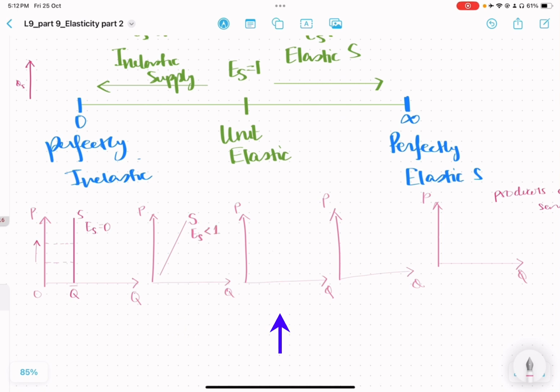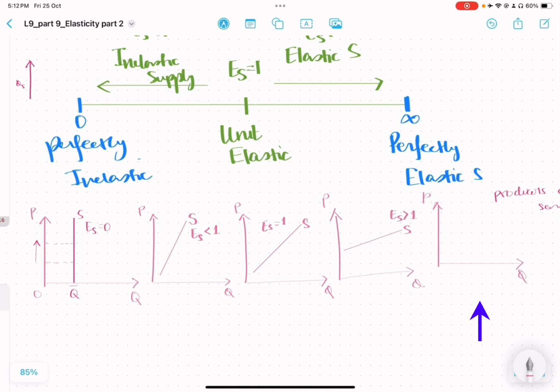With elasticity of supply equal to 1, we have our benchmark case, ES is 1, which means a 1% change in price leads to a 1% change in quantity supplied. And then when we have elastic supply, we have a flatter supply curve, right? So this is where your elasticity of supply is going to be greater than 1.